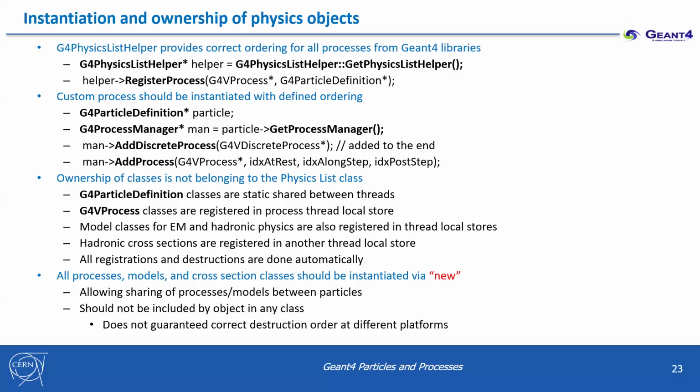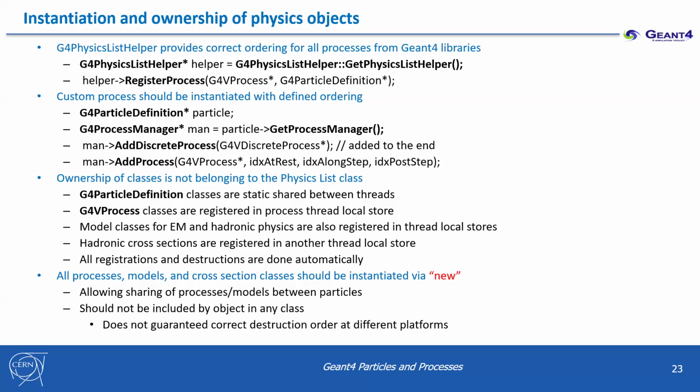Ownership of classes does not belong to the physics list class. It is quite complicated to implement inside the physics list class because particle definitions are static and shared between threads. G4VProcess objects are registered in each thread in a local store.